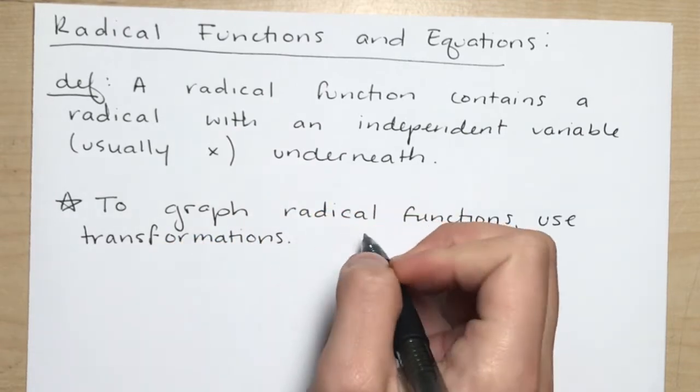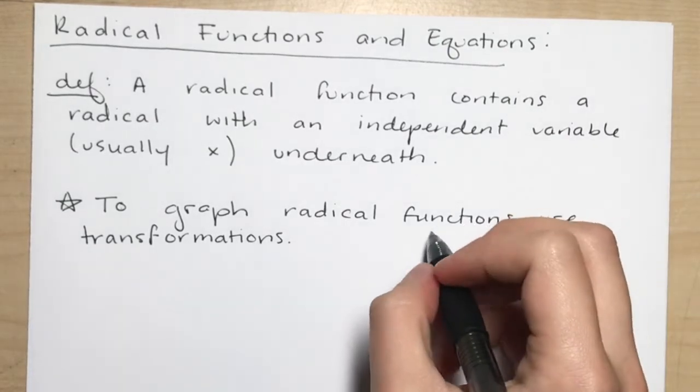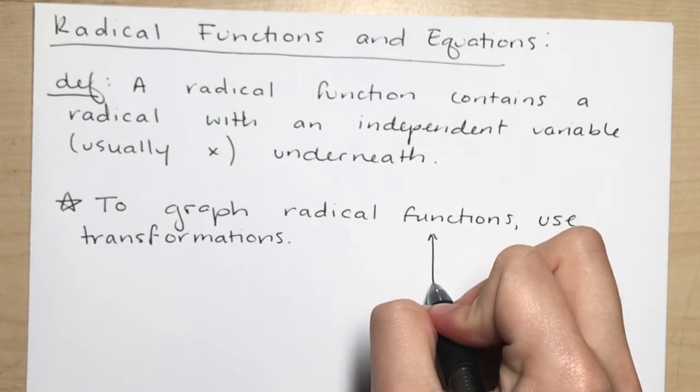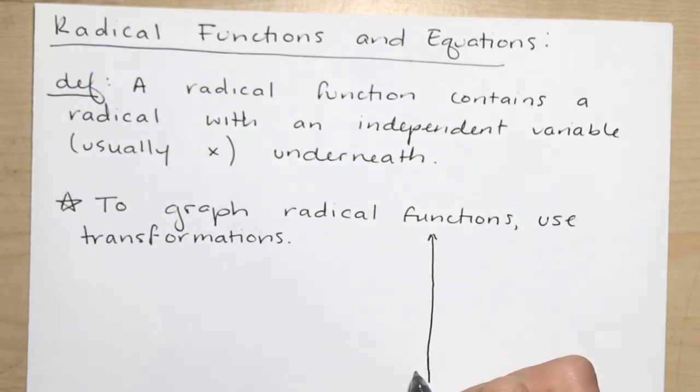If you're feeling sort of shaky with transformations, feel free to go back and look in your notes from, I believe, way back in Module 1. So it's been a while. Using transformations, I believe you will only be asked to graph square root functions.